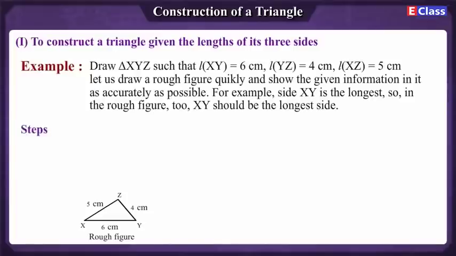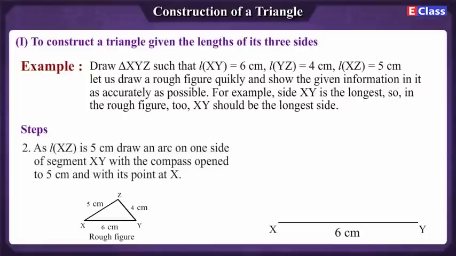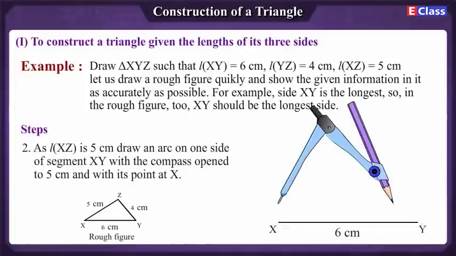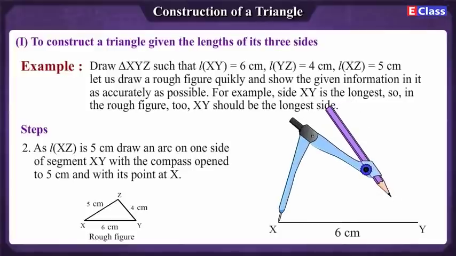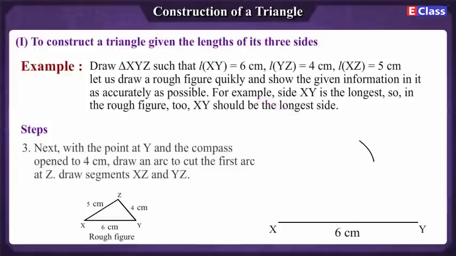Steps: 1. According to the rough figure, segment XY of 6 centimeters is drawn as the base. 2. As length of segment XZ is 5 centimeters, draw an arc on one side of segment XY with the compass opened to 5 centimeters and with its point at X. 3.